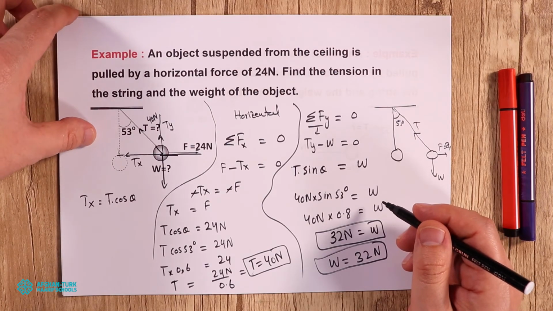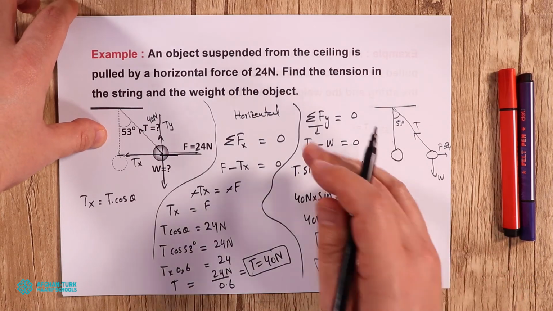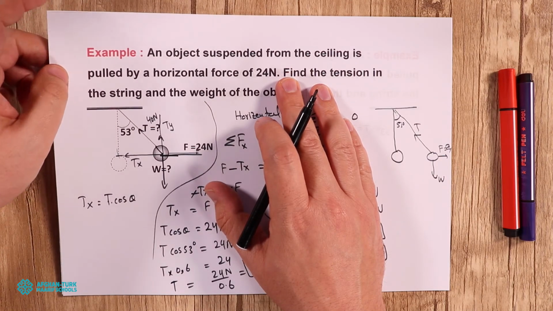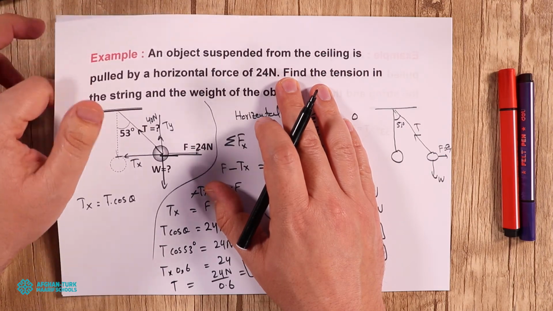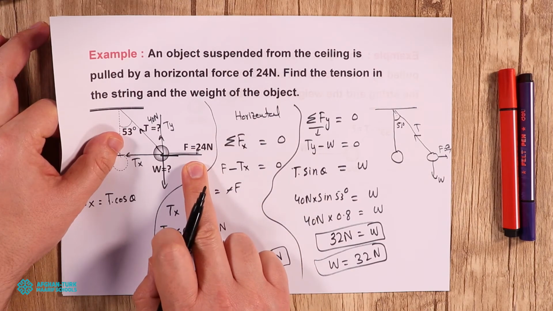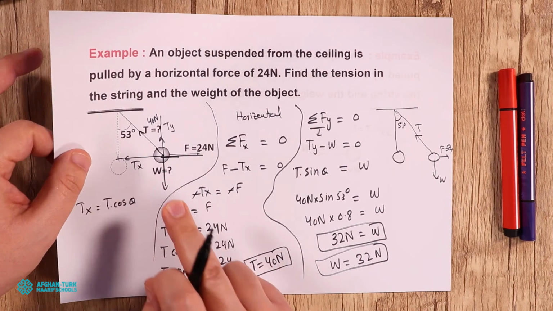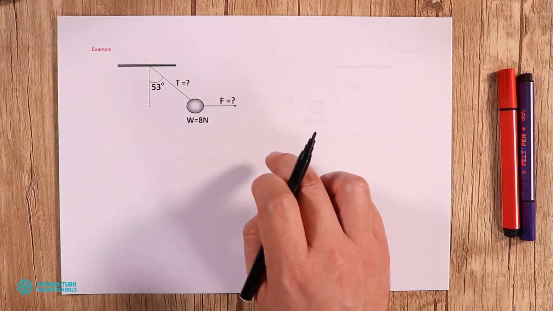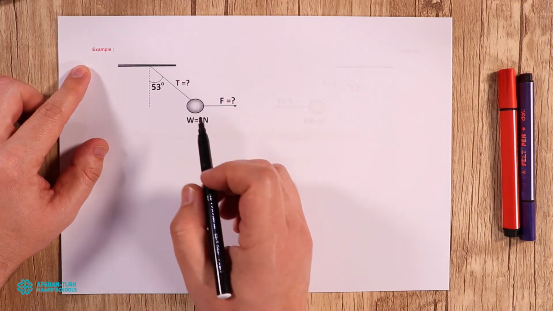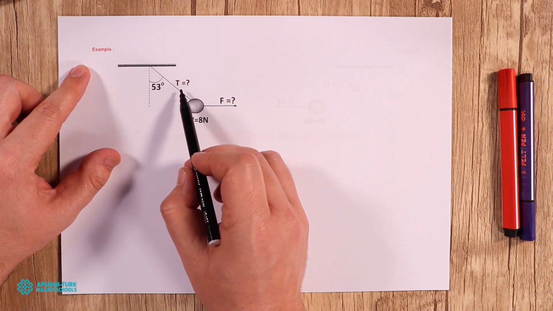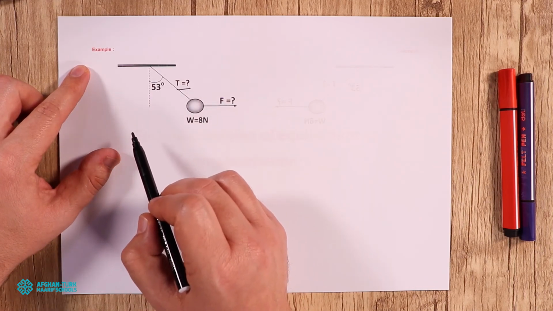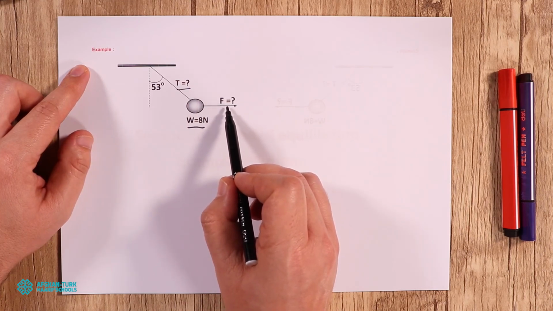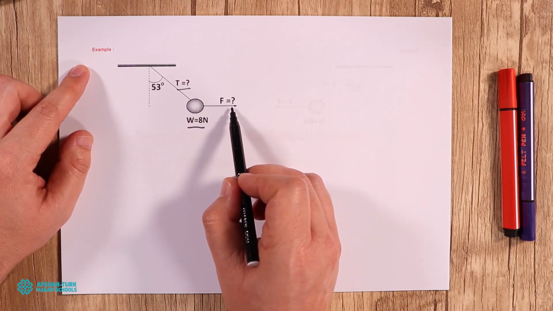Okay, on the next page, try to solve it. I will give you some homework. It is the same as this question, but here the applied force is unknown and only the weight is known. Let's see the next example. This is your homework, dear student. In this example, the theta is given, the tension force is unknown, the weight is known, but the applied force is also unknown.